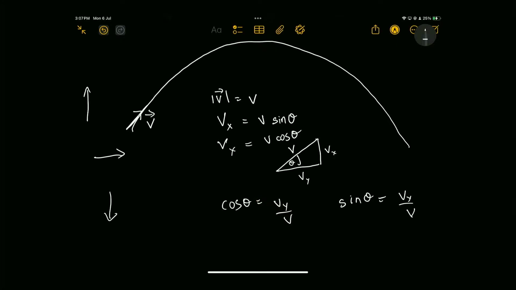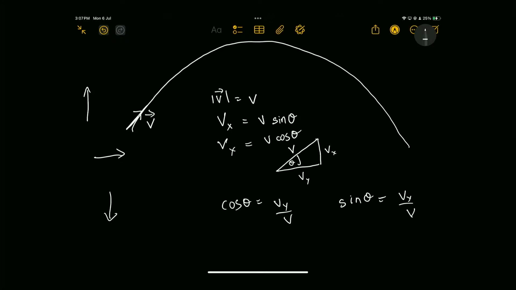Whereas in the horizontal direction, if we assume that air resistance is negligible, which in all the cases for this course we will be assuming, there is no acceleration to the projectile, right?